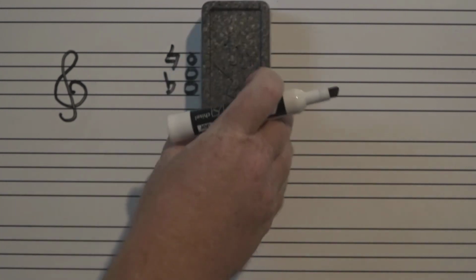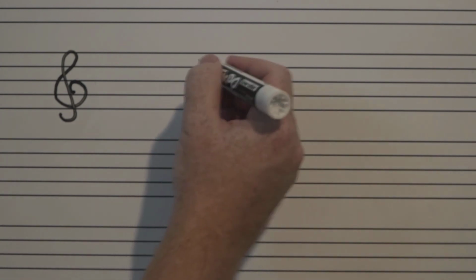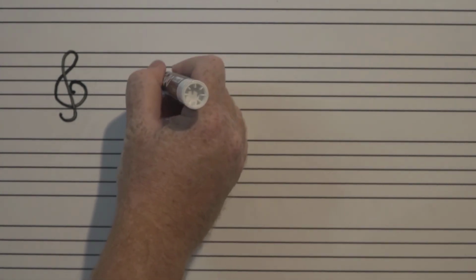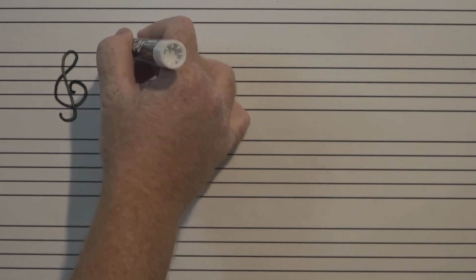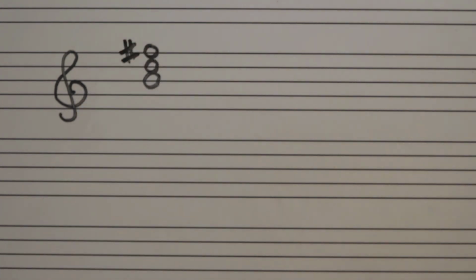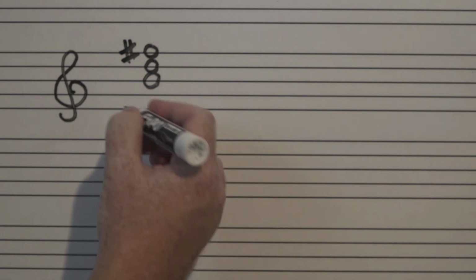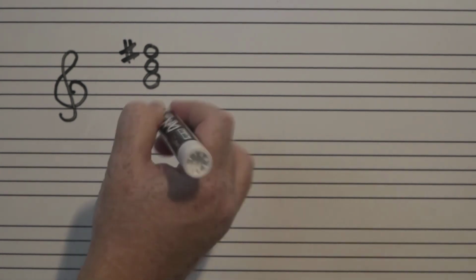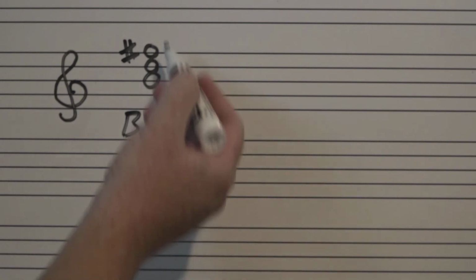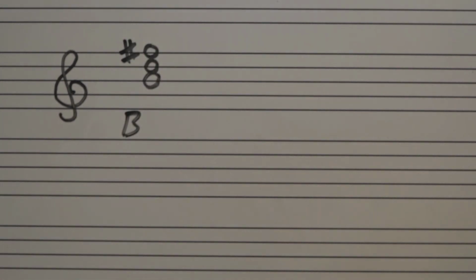Let's do one more thing. What if we're given a note and a triad? What if we have to figure out what that triad is? The first part is going to be easy because notice that there's a 3rd and there's a 3rd. So you know the root of this triad is going to be B. After that, you need to figure out is it all in the major scale or is it altered from the major scale?